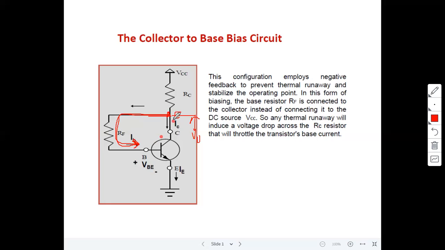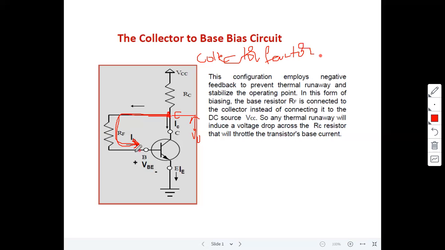So this is also called the collector feedback circuit.